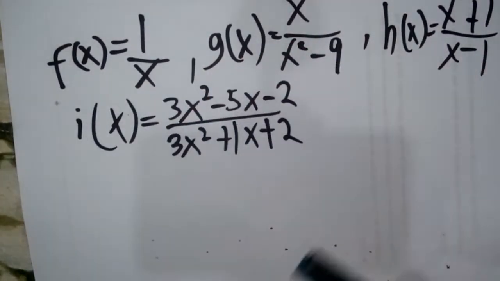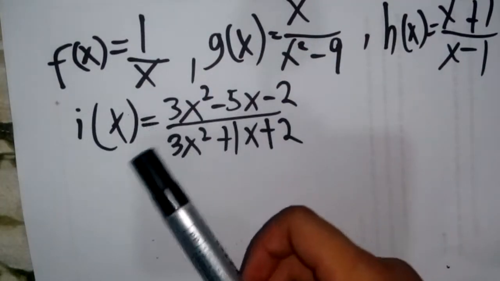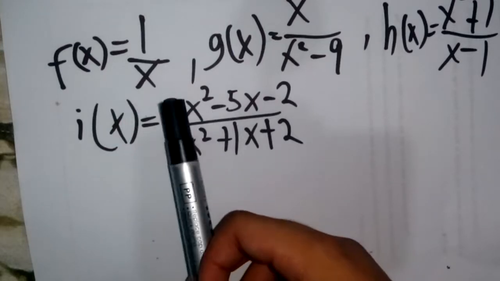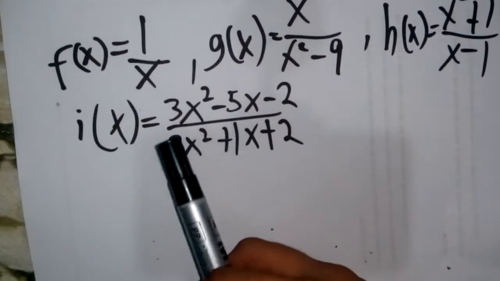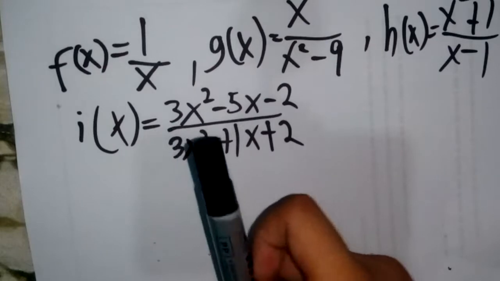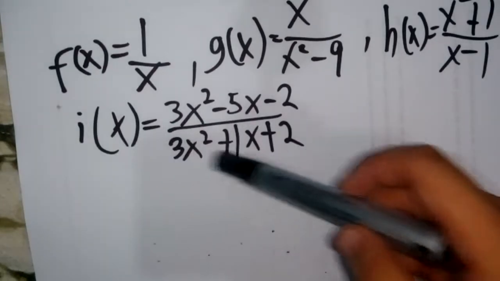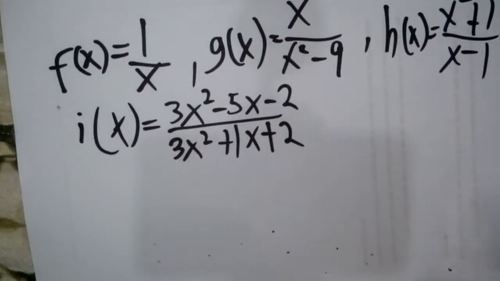This example is a function because the numerator is a polynomial and the denominator is a polynomial which is not equal to 0.